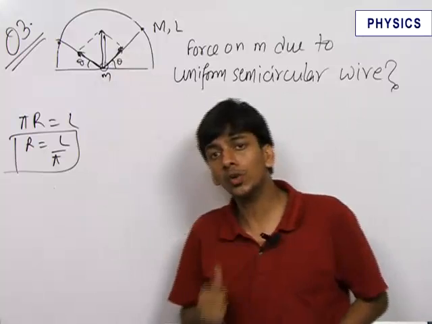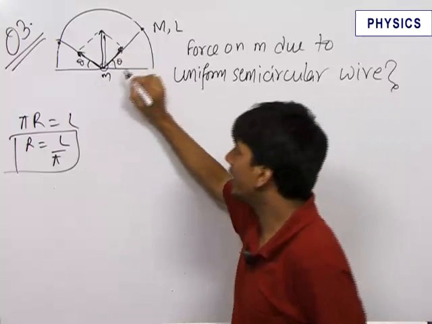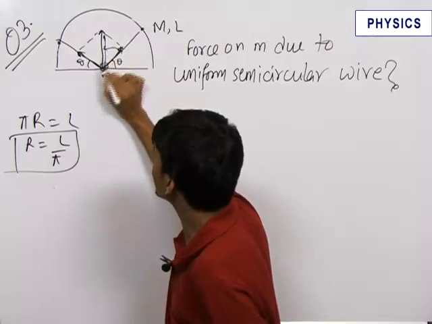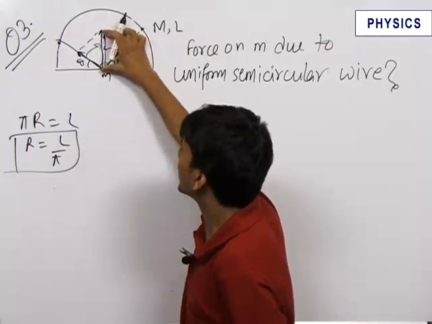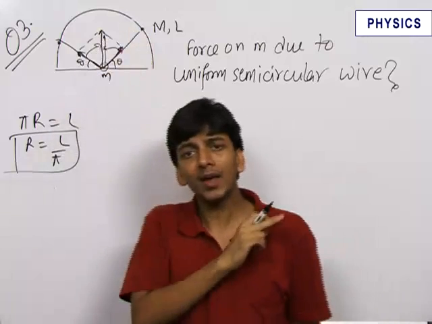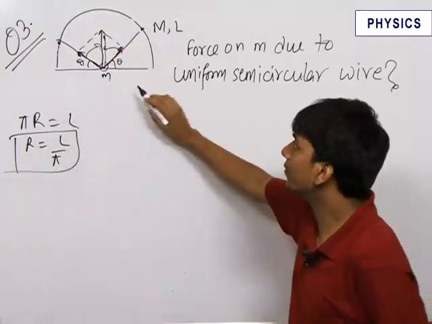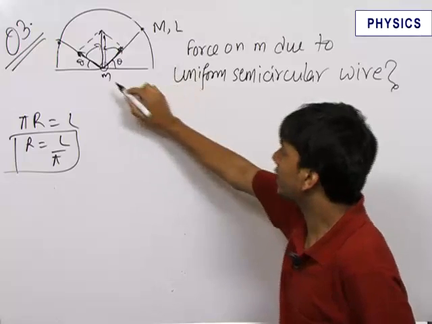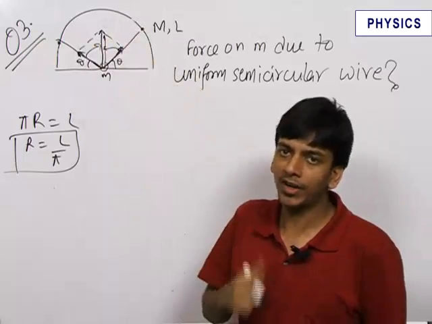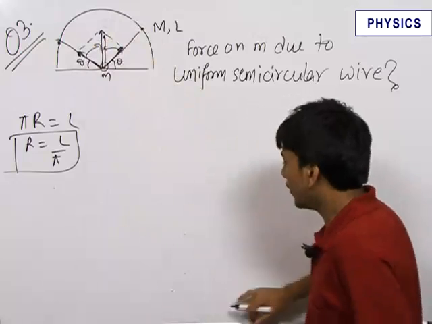So what we need to do now is integrate the y component of the forces. If we take the y component of this and the y component of this, we will get the resultant due to each of the pairs, and if we add up each of the y components, we will get the final resultant force acting on the small mass m, which is in the upward direction. So now we do that integration.